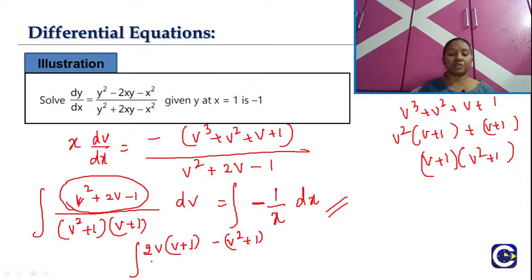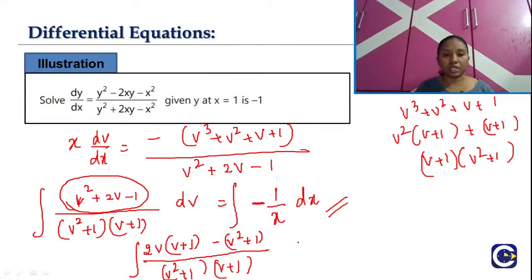Right, so that's why I have written 2v into v plus 1, so that the terms which are present in the denominator can also be present in the numerator. Right, so here we'll be having v square plus 1 into v plus 1, which will be equal to integration of minus 1 by x dx.